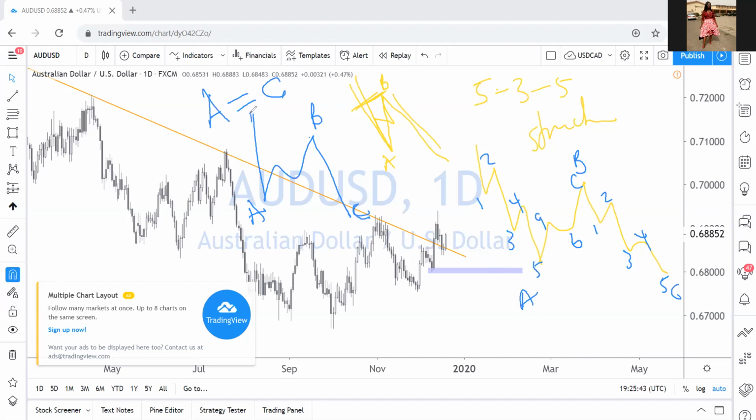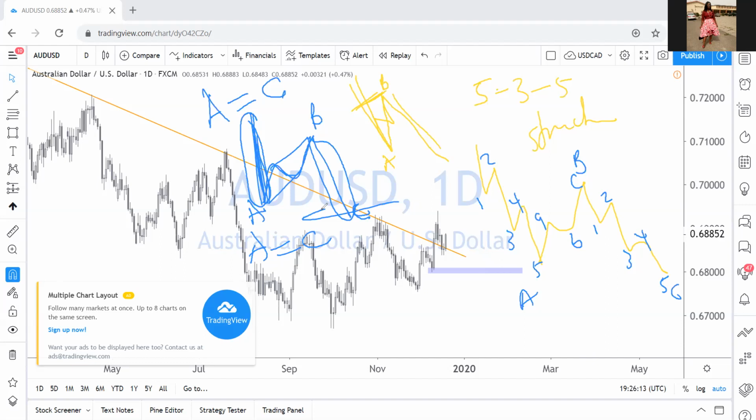This length of A here, when it has formed and this three-wave pattern has formed, just copy this length and put it here. That's your TP. Boom. And it must hit it because the theory says A is usually equal to what? C. Do you get it now? That is the last and most vital rule that governs formation of a zigzag corrective structure.